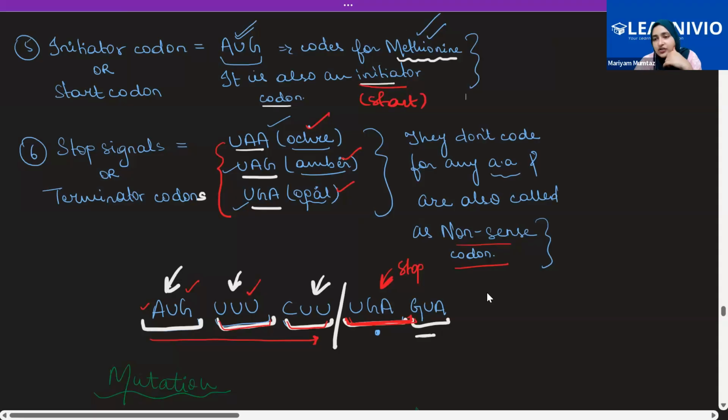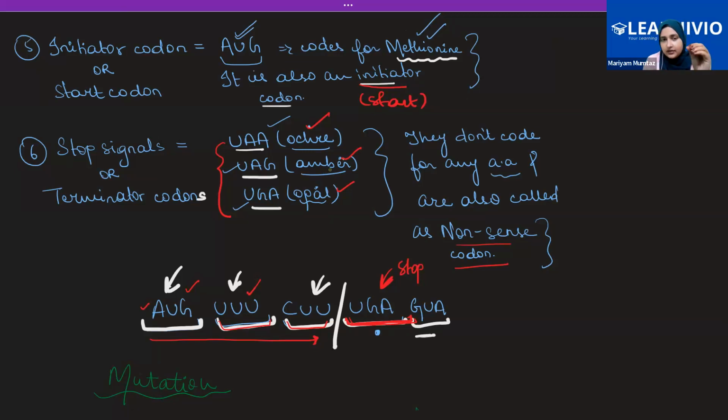Lastly, the last feature of the genetic code is the stop signals or terminator codons. Three of them: UAA, UAG, and UGA, called ochre, amber, and opal. They do not code for any amino acid, so we call them nonsense codons, and wherever they are present, they will stop the process.